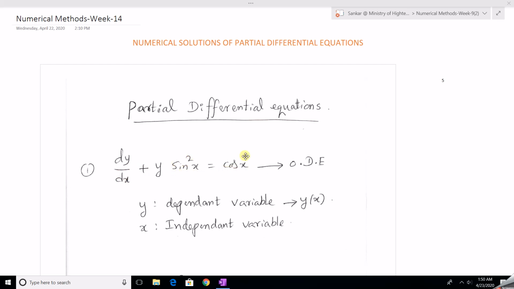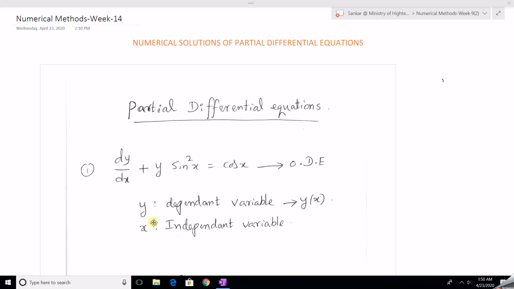to cosine x. This is an ordinary differential equation because there are two variables x and y. So y is the dependent variable and y depends on x. So x is the independent variable. So y is a function of x. So we can write like this: y is a function of x.